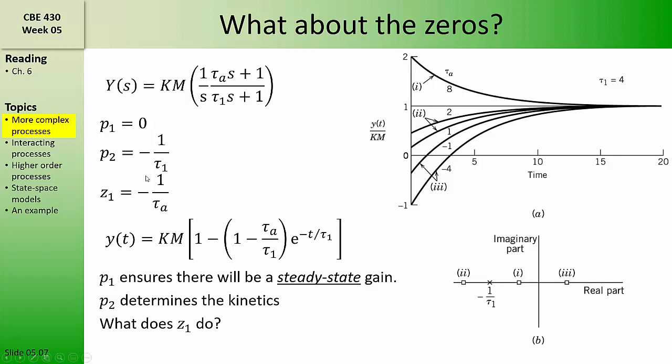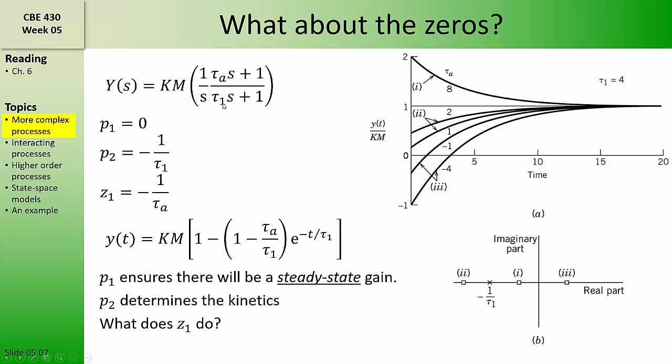When tau a is negative, the zero at minus 1 over tau a is positive and real. The positive real zero gives rise to a behavior we call an inverse response, where the initial response to a step input is in the opposite direction of the final steady state, followed by an exponential decay to the final steady state. The examples shown here are for values of tau a of minus 1 and minus 4.